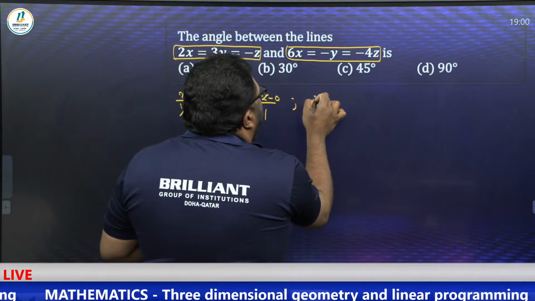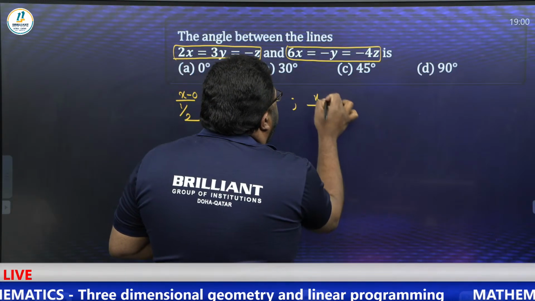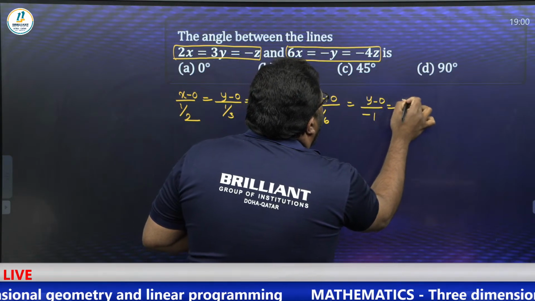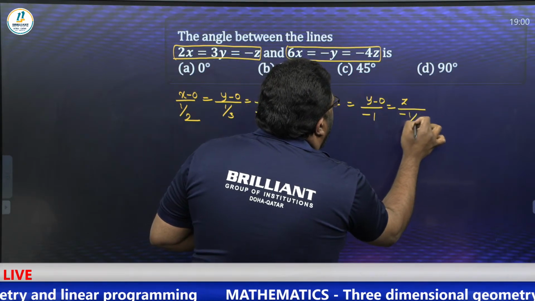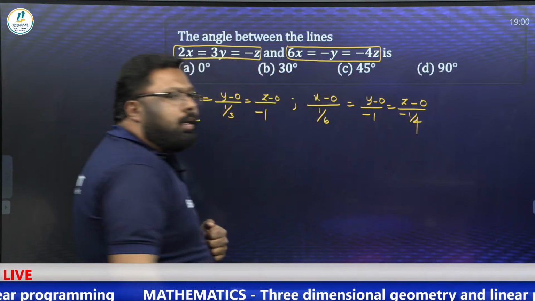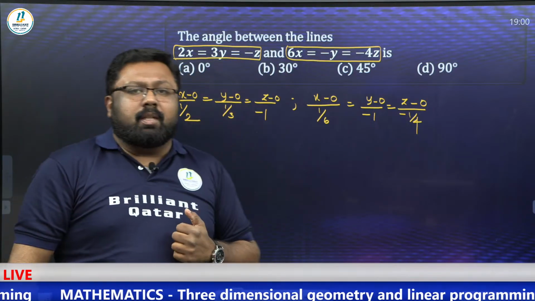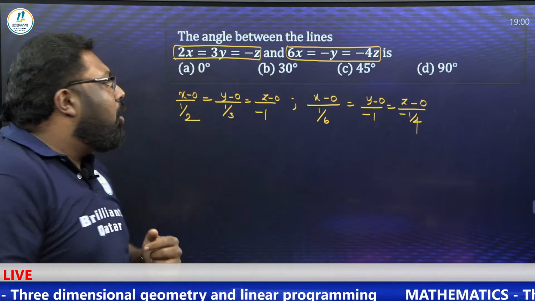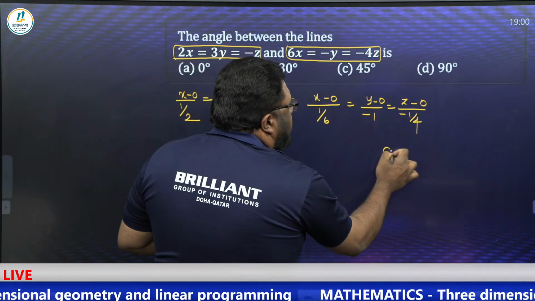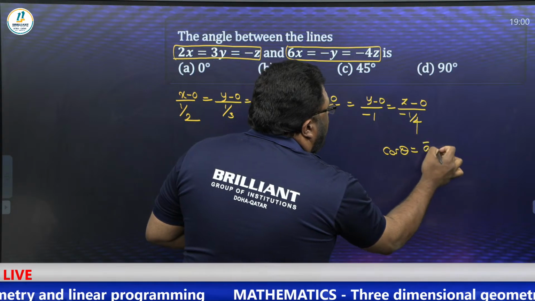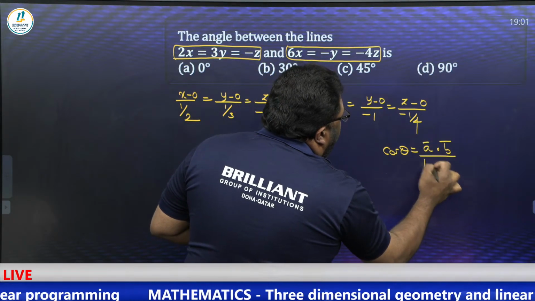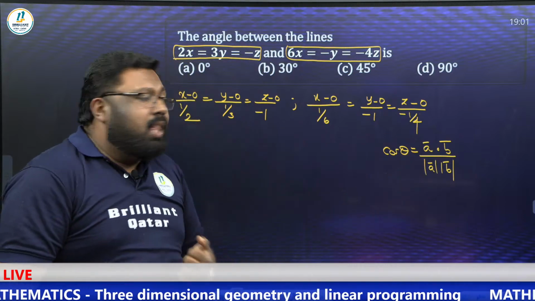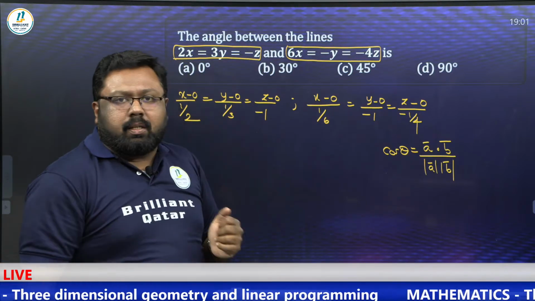Now the second one: x divided by 1 by 6 minus 0, y divided by minus 1 minus 0, z divided by minus 1 by 4 minus 0. Now they're asking you to find the angle between the two lines. Remember, my dears, it's an MCQ. The normal formula for the angle between two lines is cos theta equal to A dot B divided by magnitude A magnitude B, where A and B represent the direction ratios of the lines.